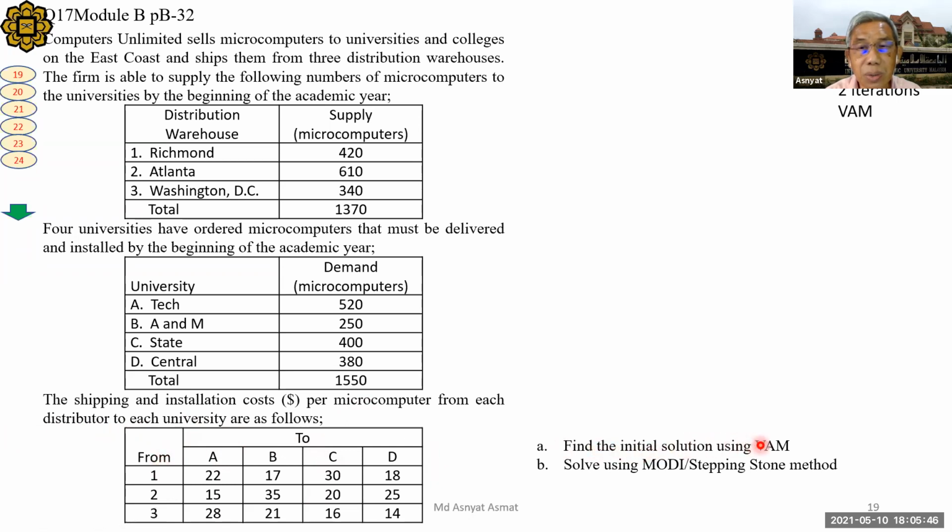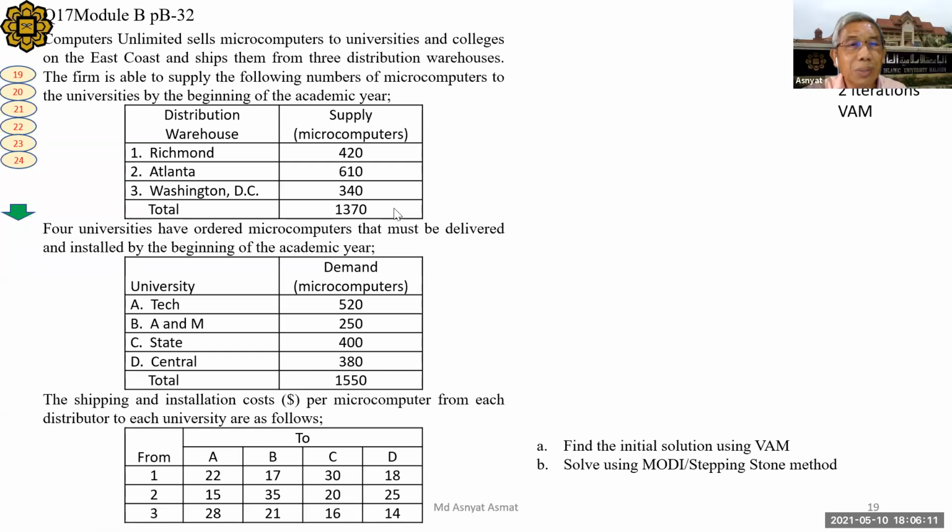Find the initial solution using Vogel's approximation method, and then solve using the MODI method. Okay, what is your observation here? Supply is not equal to demand. Good.